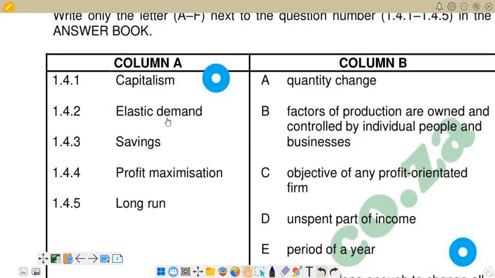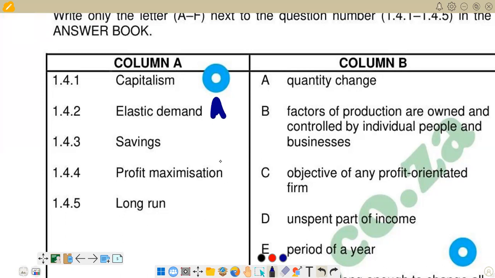But when you look at elastic demand, you see that quantity change matches elastic demand, because on elastic demand we are talking about the proportionate change of demand that has been caused by a certain variable. So here in 1.4.1, we have A, matching that explanation.